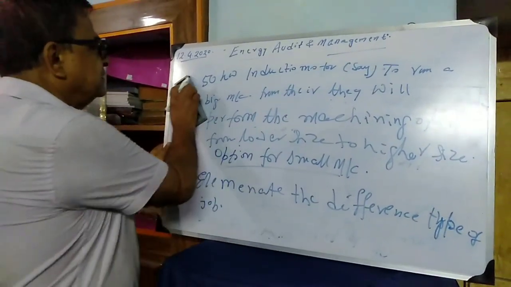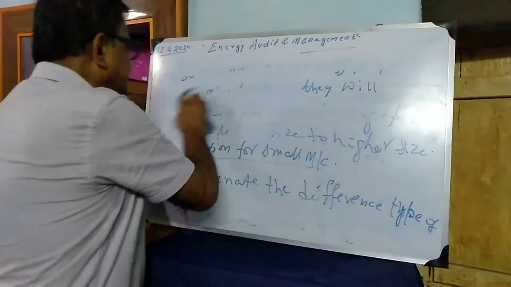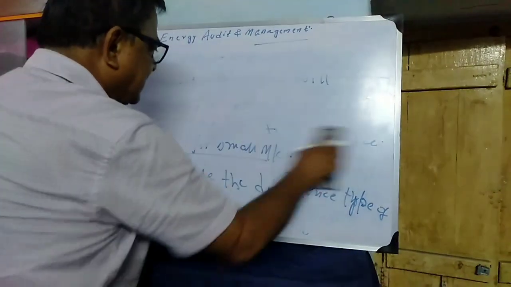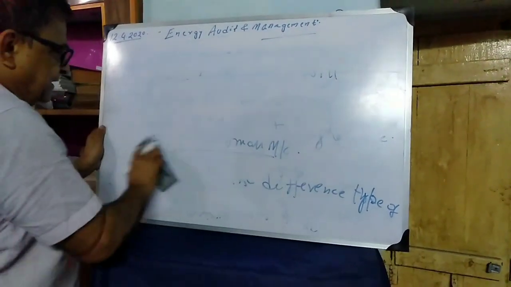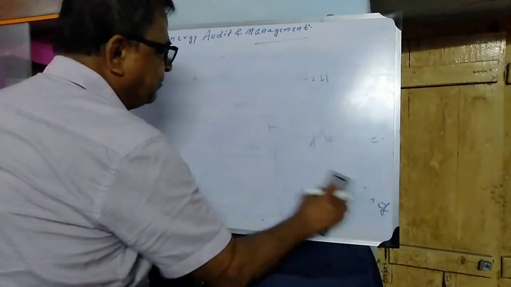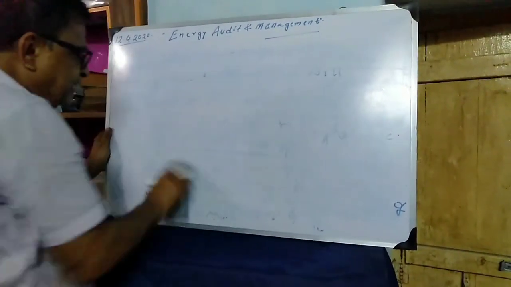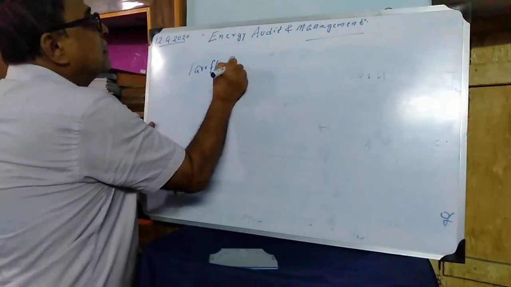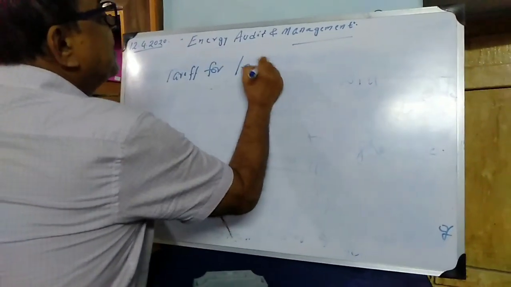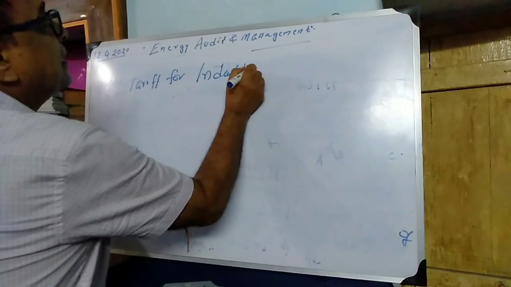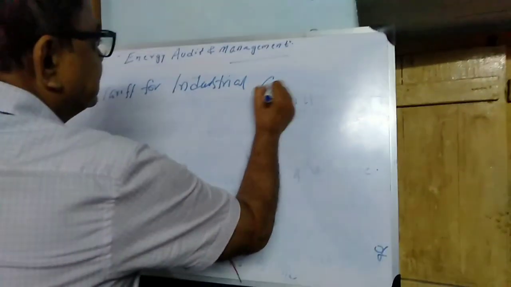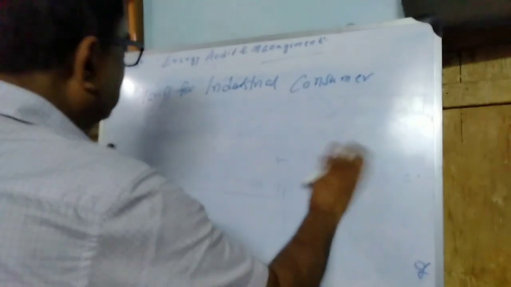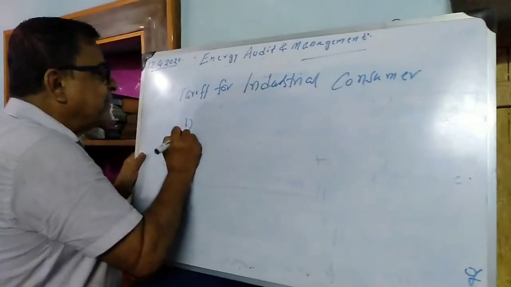Now the second part. In an industrial energy bill, not a domestic one, there are different types of tariffs. In the tariff for an industrial consumer, that is the bulk consumer, one part is the maximum demand.